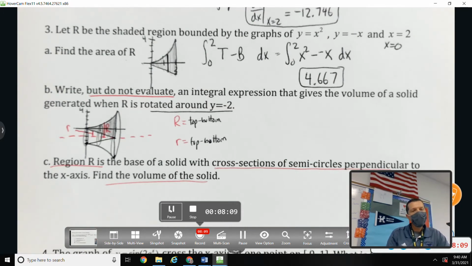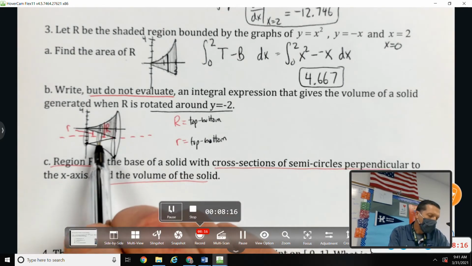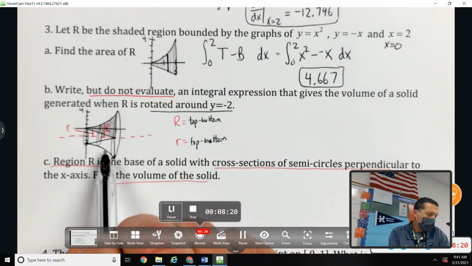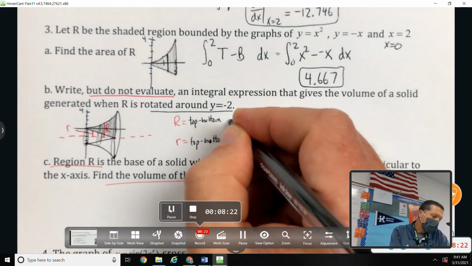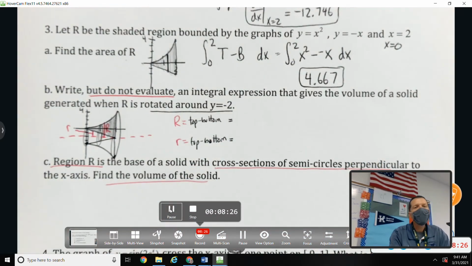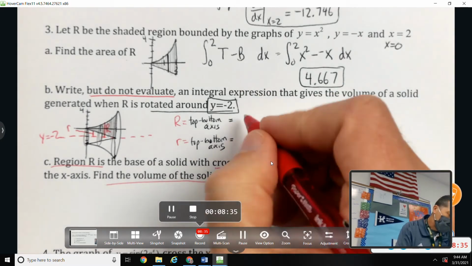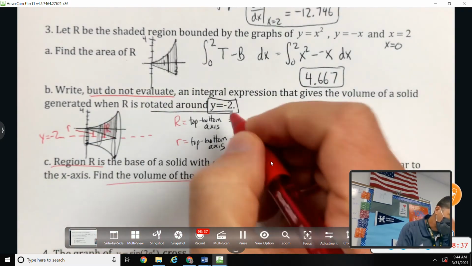Part B, we start getting complicated because we're going to rotate. Most people don't have trouble drawing the picture, or even understanding big R squared, little r squared. There's a washer. But finding big R and little r seems to be the issue here. So it's top minus bottom for big R, and top minus bottom for little r. Question? So the top one is the x squared.